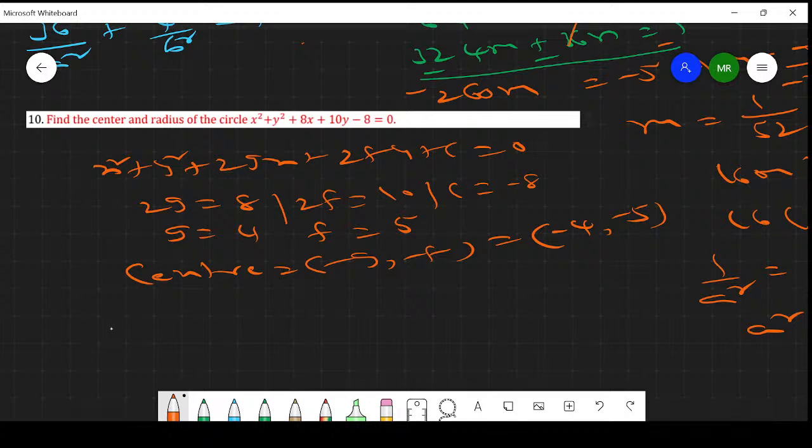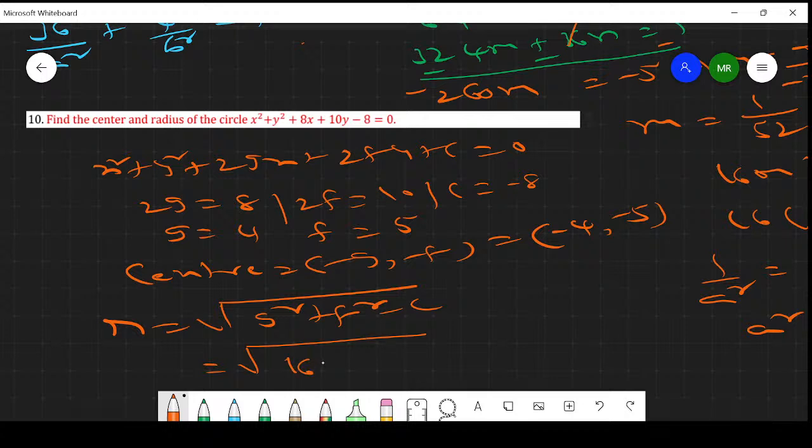Now I can write radius is equal to root of g square plus f square minus c. If we substitute these values, what is the g square value? 16, f square value 25, minus c is plus 8. This is the radius formula, root of this.